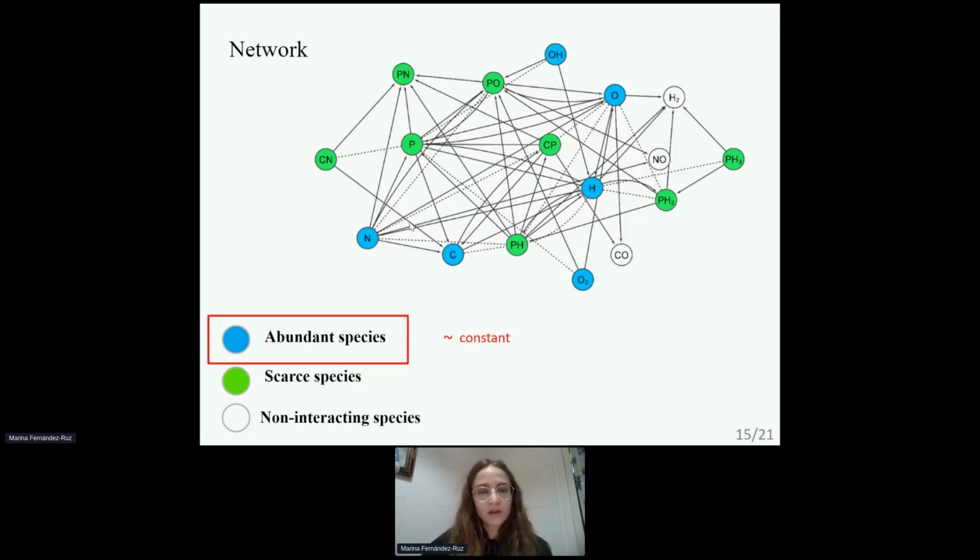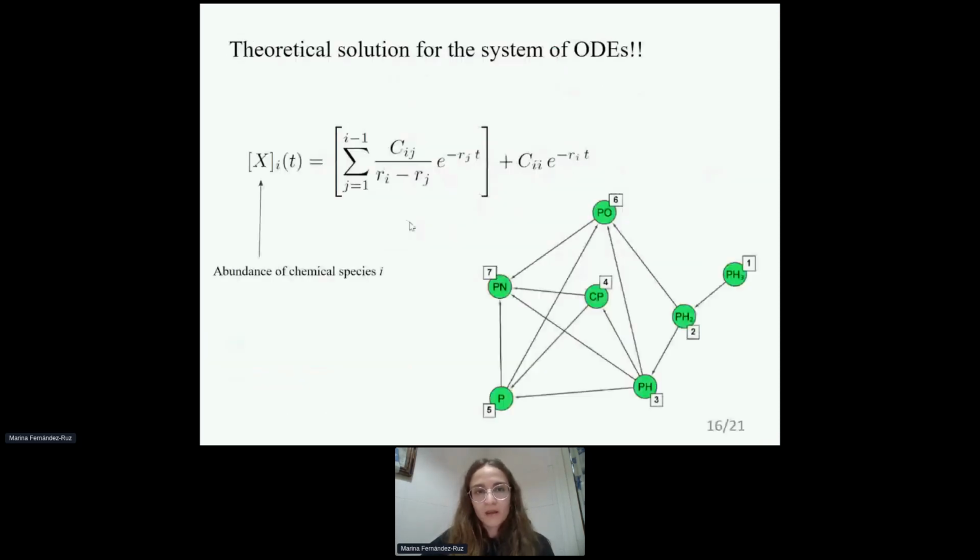The key point of the work is that we can consider that the abundant species are constant, because we demonstrated mathematically that the error that we make under this assumption is very low. With this assumption, we can obtain this formula for these 7 chemical species containing phosphorus.